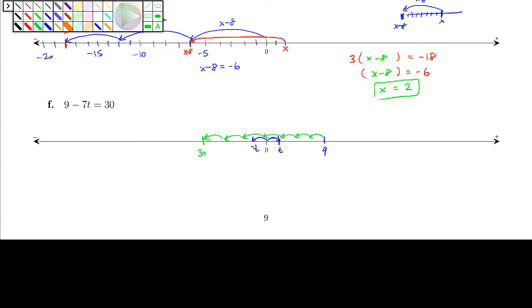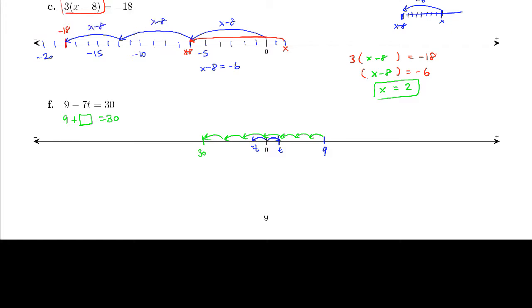So that tells me, in fact, that t can't be a positive number. I know that 9 plus a quantity equals 30. I have to go to the right of 9 to get 30. So that tells me that subtracting t should be in the positive direction, so t should be in the negative direction.